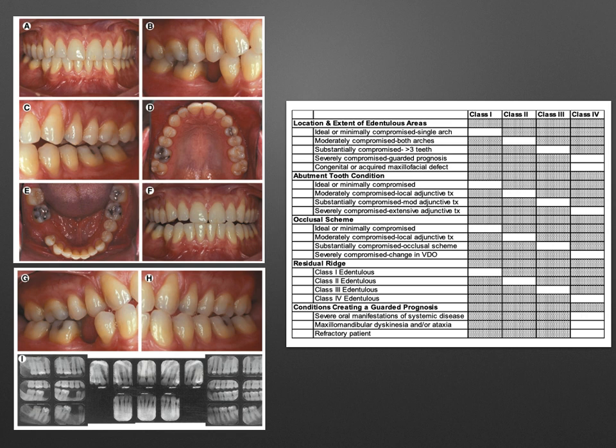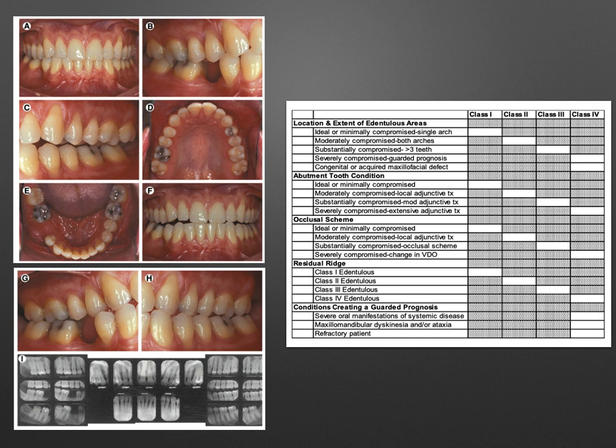In this first case, let's take a look in detail. For the location and extent of the edentulous area, we can see the upper teeth have no missing teeth, only the lower teeth are missing, and just one missing tooth.